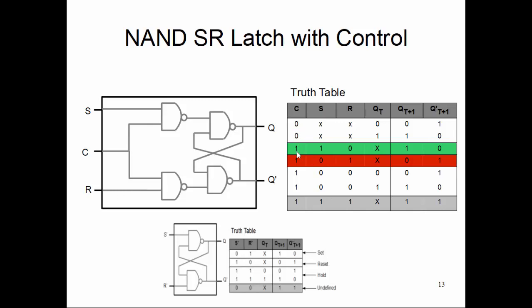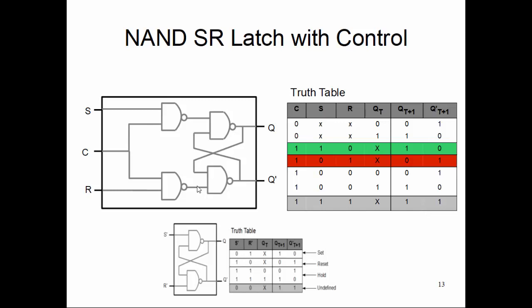S is 1, R is 0. So S 1 means we have a 0 at this terminal of the NAND gate which is driving the Q, and 1 at the NAND which is driving the Q bar, right?